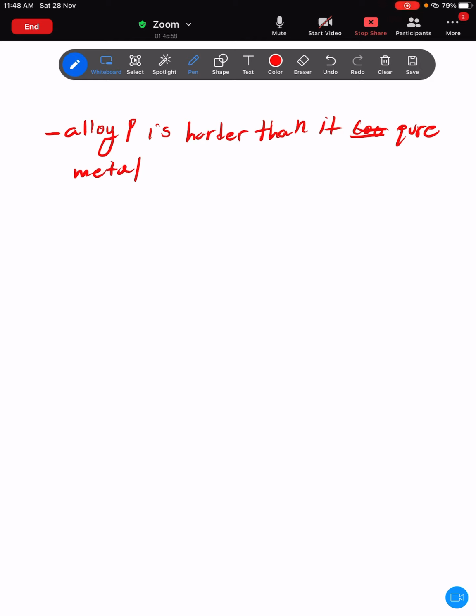So what? You need to give 4 points. The second point: what caused the alloy to become harder? That's the question. The alloy becomes harder because of the use of different size particles.